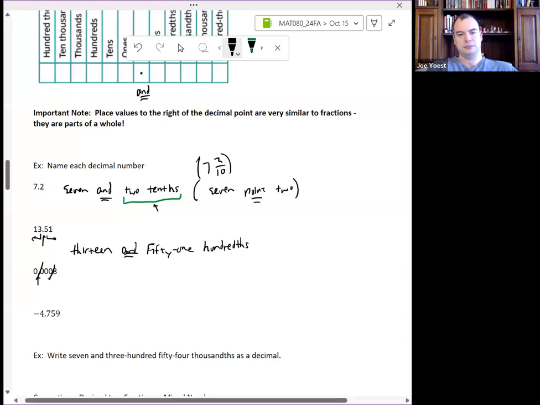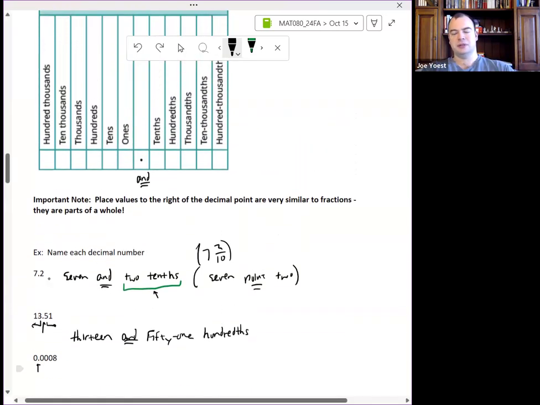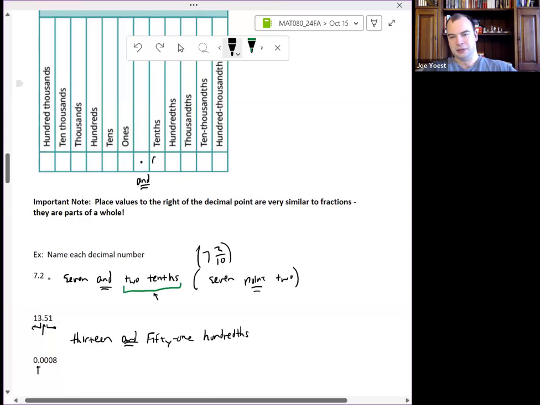Once you get up to where you have 4 or 5 of them grouped together, it becomes pretty hard to read. But if I regroup them, I see, okay, there's 2 and then 1 more. So 0.0008.